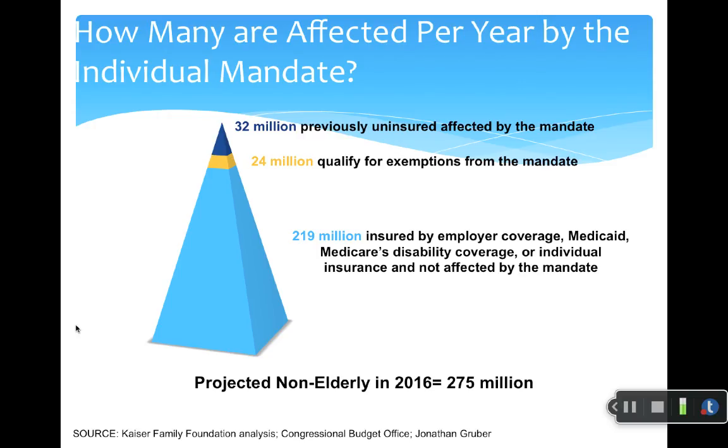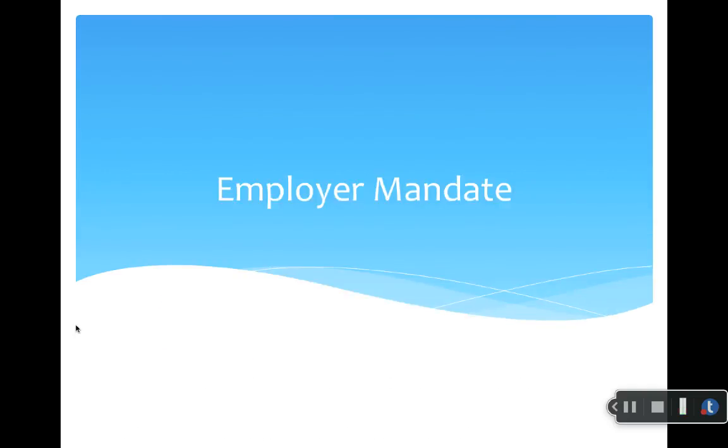And so the number of people that we anticipate will be purchasing insurance through an exchange at the state or federal level is only about 32 million, so a very small piece of that pie.